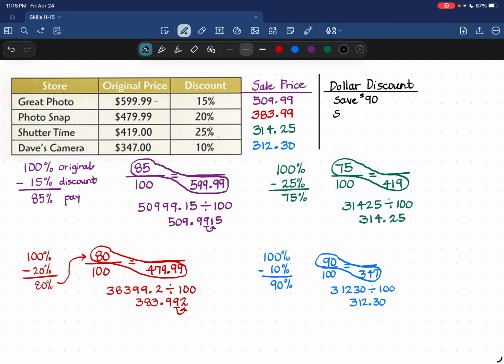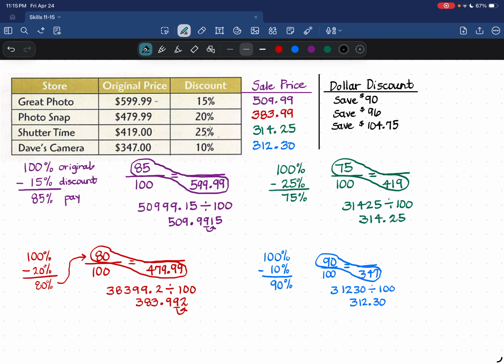So you save $96. If you go to Shutter Time, you've got $419 minus $314.25. You save $104.75.